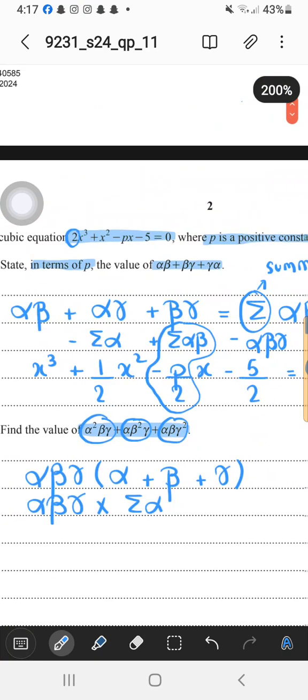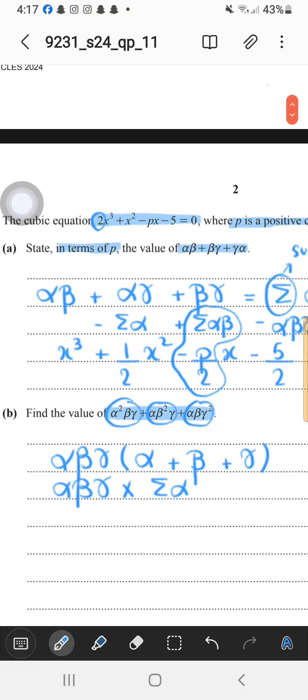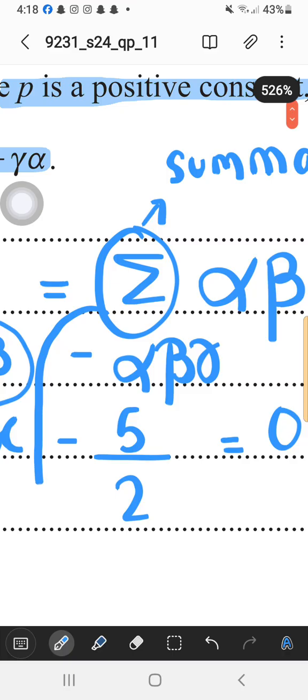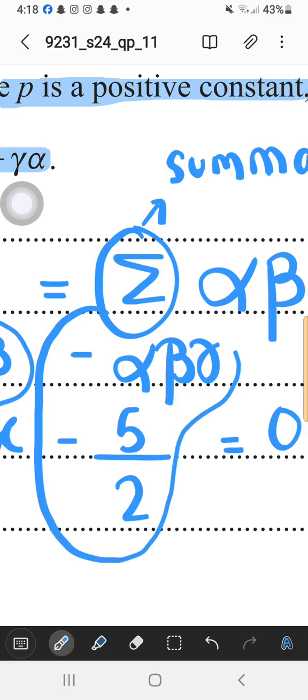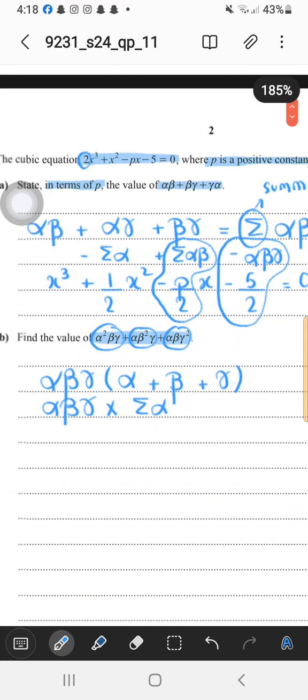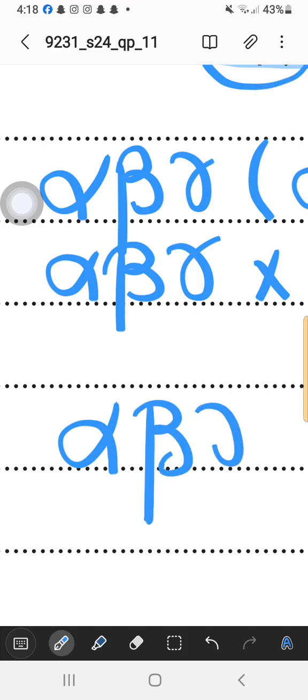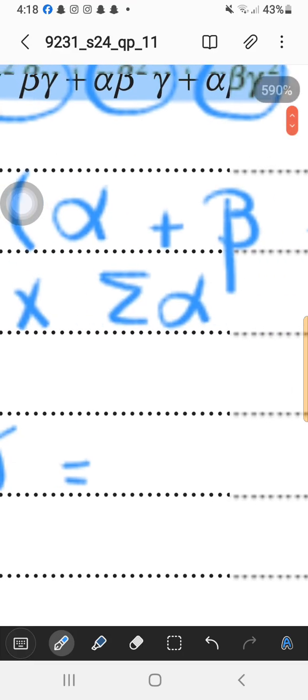So we can find alpha beta gamma through this. Alpha beta gamma is equal to 5 upon 2.